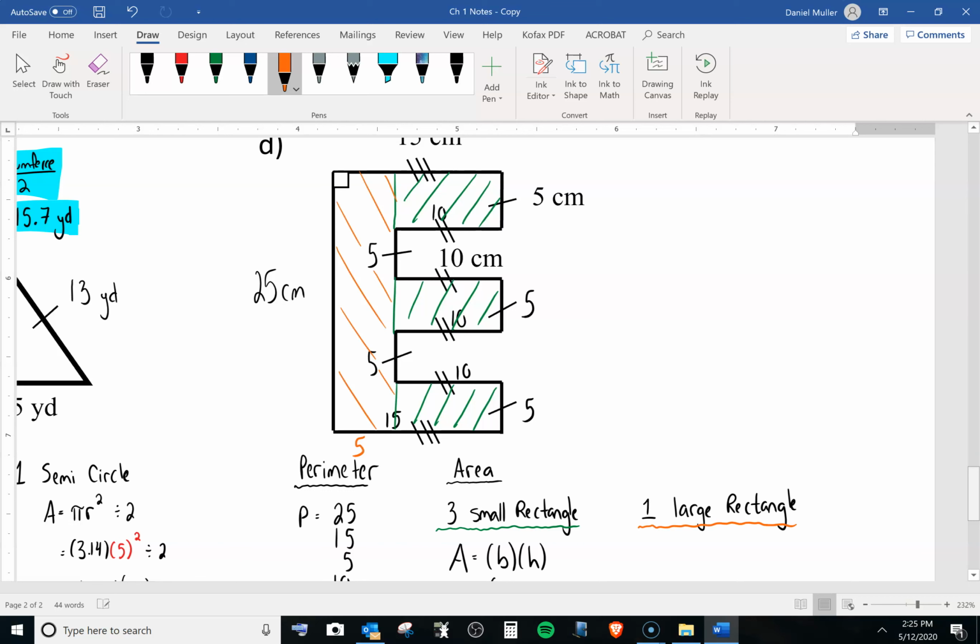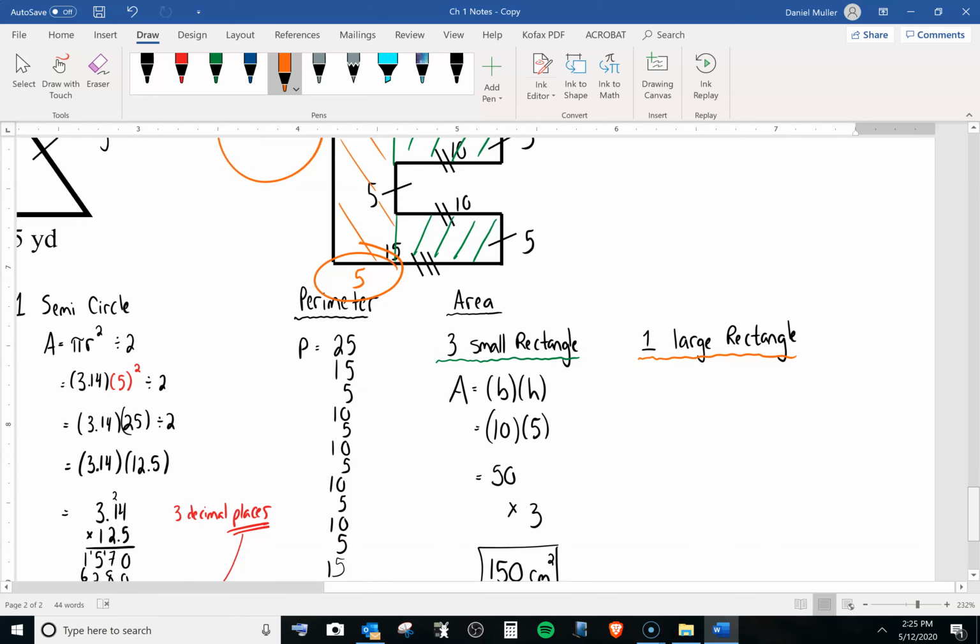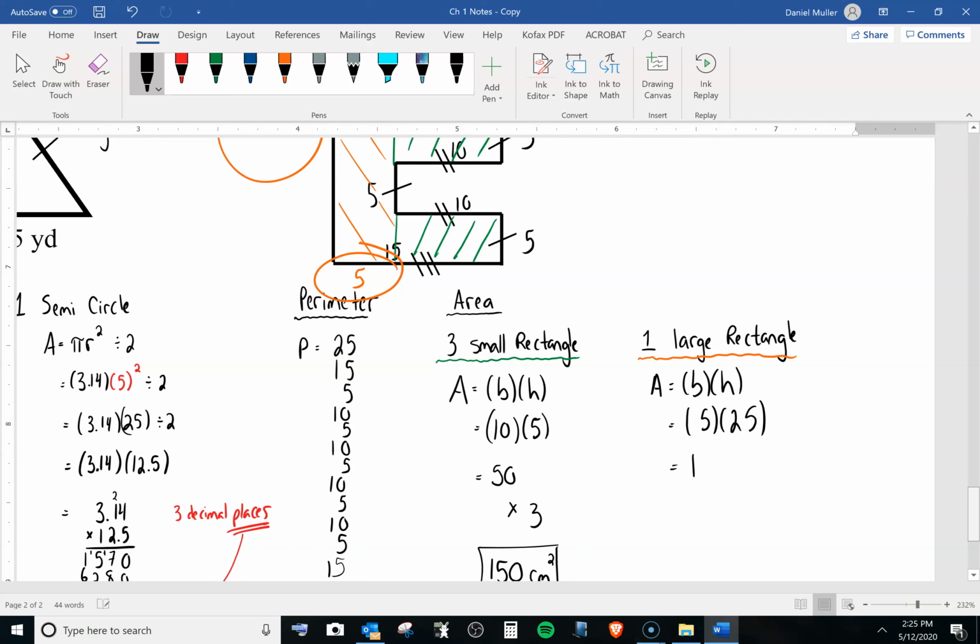And that is base times height, and my base is 5, and my height is 25. So 5 times 25. So area is equal to base times height, which is 5 times 25, which is 125 centimeters squared.